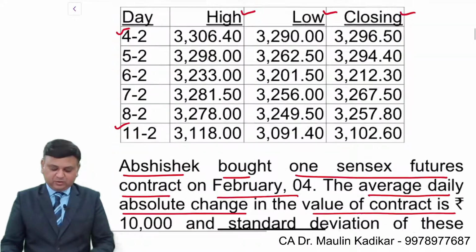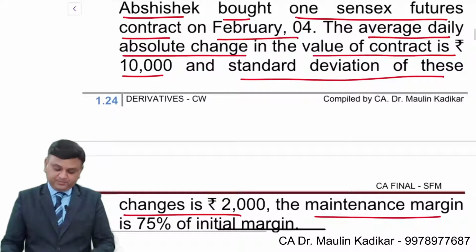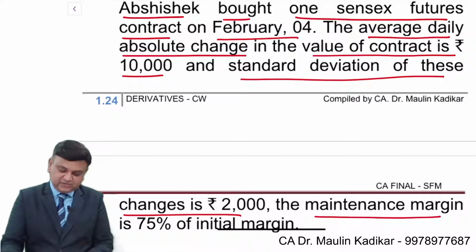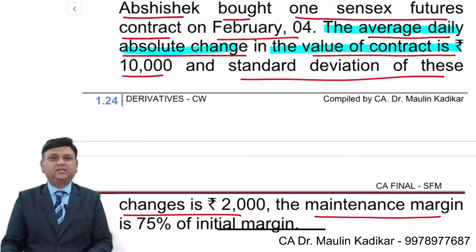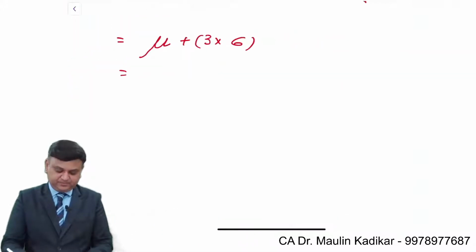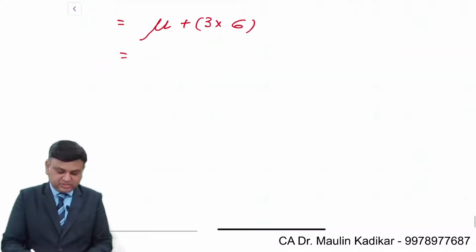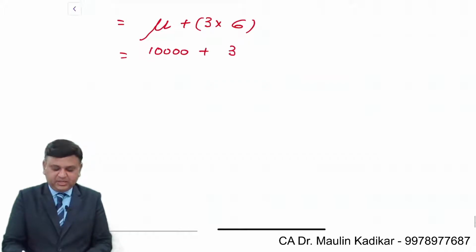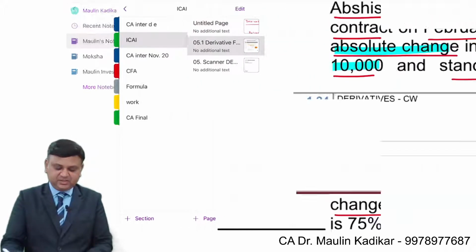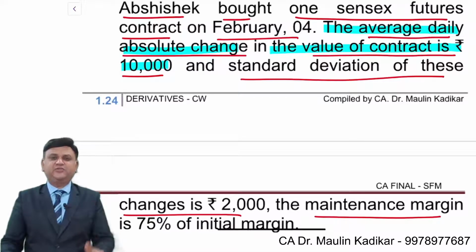What is the amount of mu? The average daily absolute change in the value of the contract is considered to be the mu, that is 10,000. So this is 10,000 plus 3 into standard deviation. Deviation stands for volatility, dispersion.